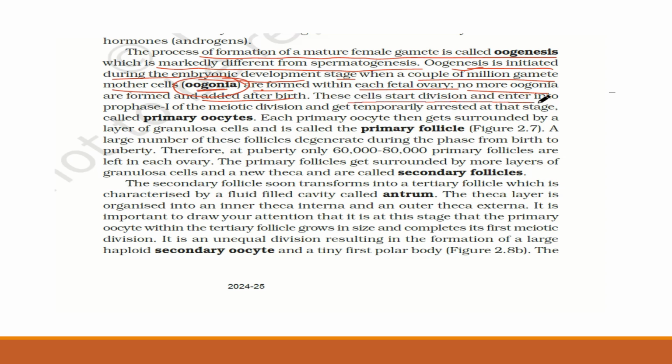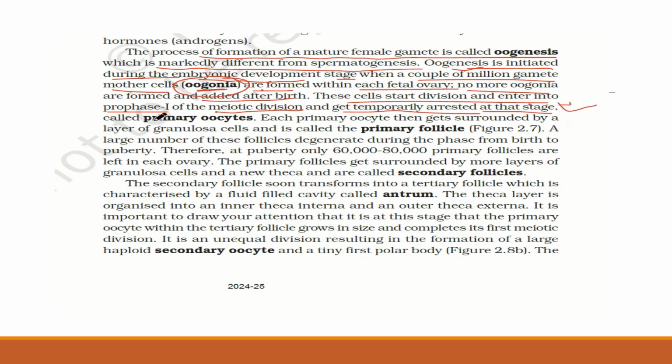These cells start division and enter into prophase 1 of meiotic division and get temporarily arrested in this phase. This stage lasts till the age of puberty.